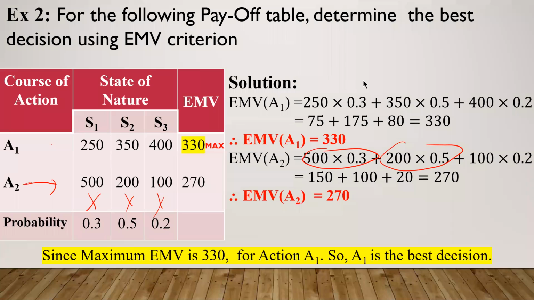Okay. So today we have seen how to use EMV criterion to select the best course of action. Here EMV criterion is used for decision making under risk.